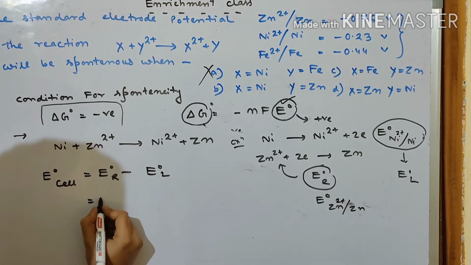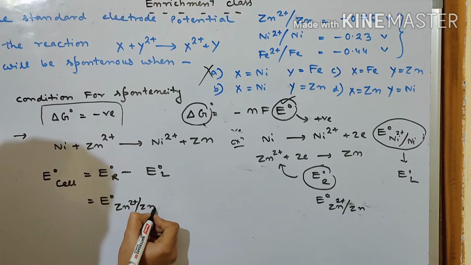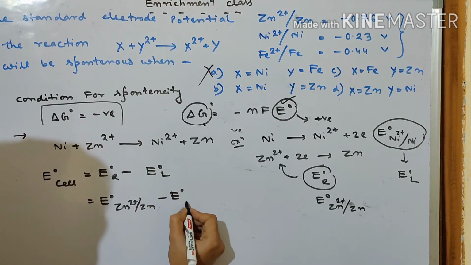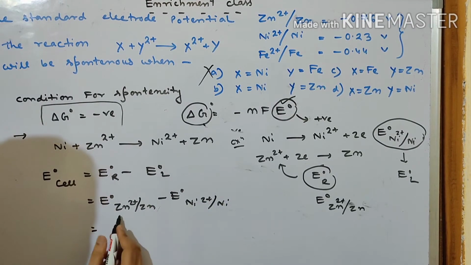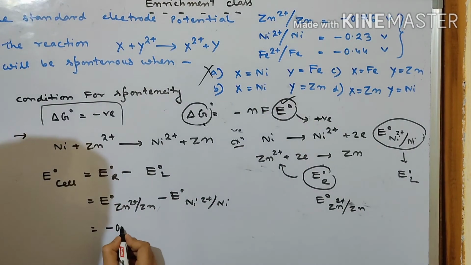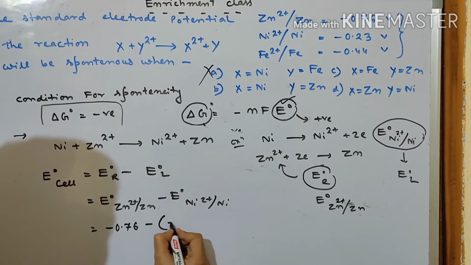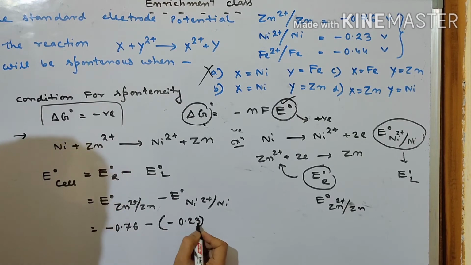So E0R in this case is Zn2+/Zn minus E0L, which is Ni2+/Ni. For zinc, how much do you think it should be? It is given as minus 0.76 volt, minus of nickel, the combination is 0.23 volt only.